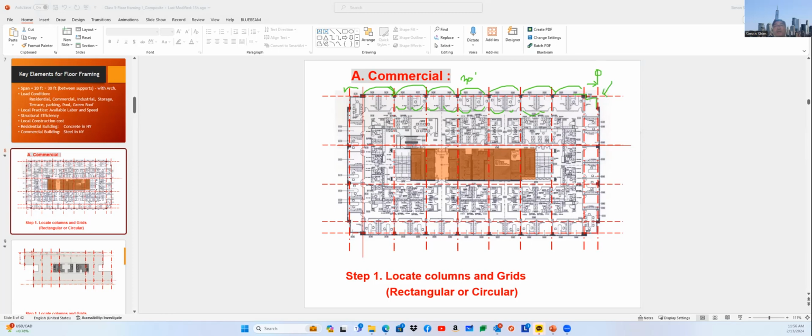So you could see uniform columns along the perimeter on the north and south sides, but on the west and east sides, because of the corner offset, instead of having the column at the corner, they offset the column and make uniform column spacing on the west side and east side.